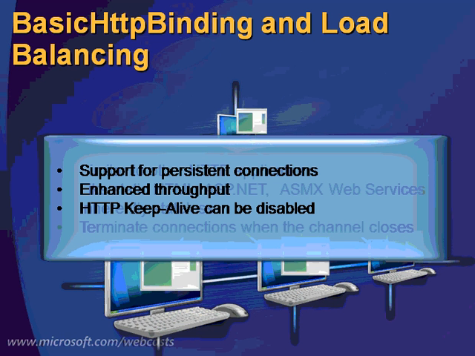So for instance, if we're in a load balanced farm using a round robin type of load balancing, that behavior might be disruptive to how that's processing, because the keep-alive property in the custom binding or the user defined binding can throw that off.